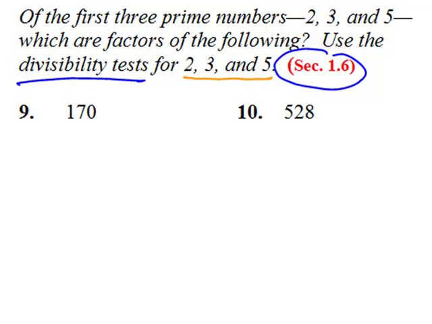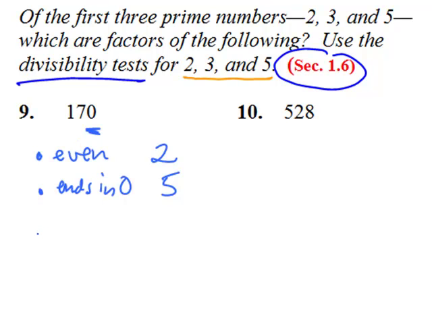Now for 170, it's an even number. So I'll say it's even because it ends in a 0, and that means that 2 is a factor. Also, because it ends in 0, 5 is a factor. 5 is a factor of every number that ends in 0.